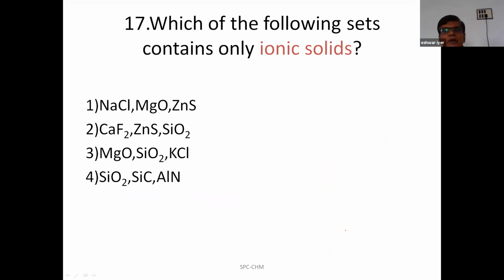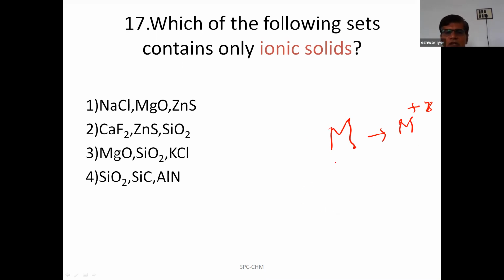So which of the following sets contains only ionic solids? Now the clue is that if you have a metal that can easily lose electrons and become a cation, that is M n plus.